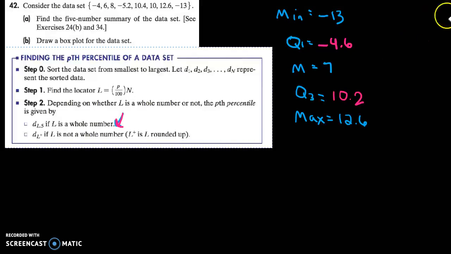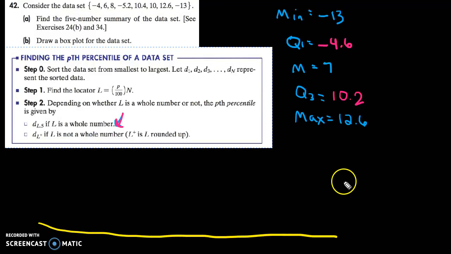So the big thing on a box plot is for it to be telling of how your data is spread out, you want to make sure that you cut up your scale evenly. So if I'm thinking of drawing a number line to put my box plot on, first I'll draw a line, then I'll go, okay, well I need it to go from at least -13 up to 12.